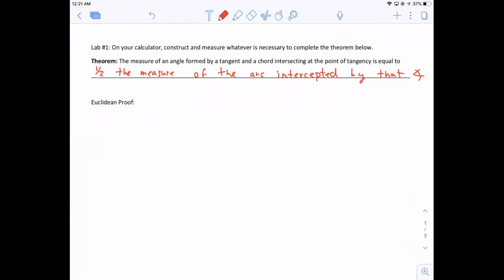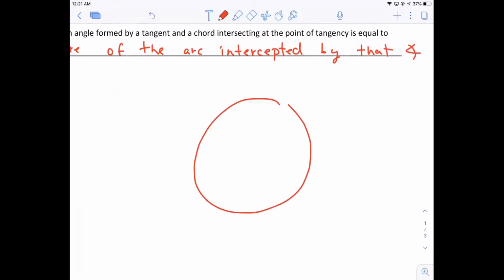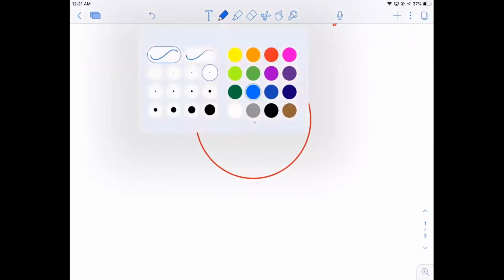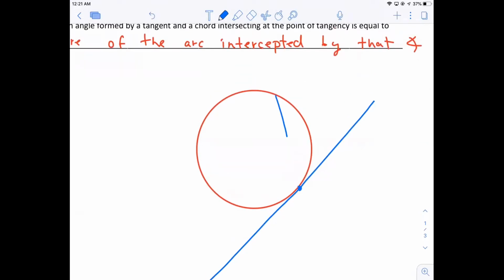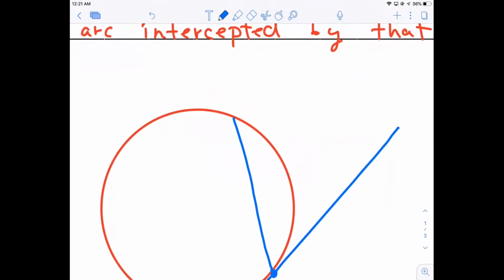And we did this in the calculator, which was not a proof, so now let's prove this. So let me draw a diagram first. I got a circle. I got a tangent line to the circle, which means it's going to intersect at one point, like so. And let's draw in a chord to this point of tangency, something like this.